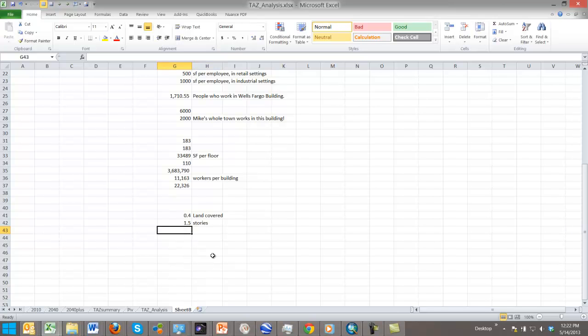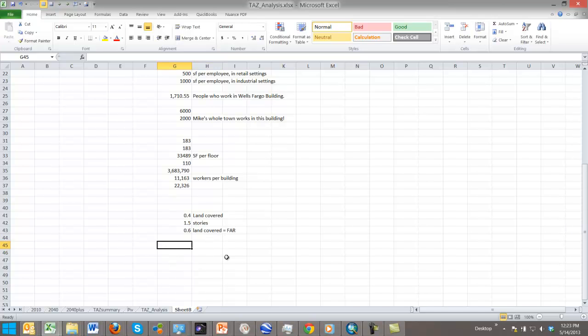That means if I take the 1 story and then the half a story typical on the others, and unstack them and spread them around on the land, I'd end up with 0.6 of land covered, which is the same as floor area ratio. So that's a 0.6 floor area ratio for that zone.